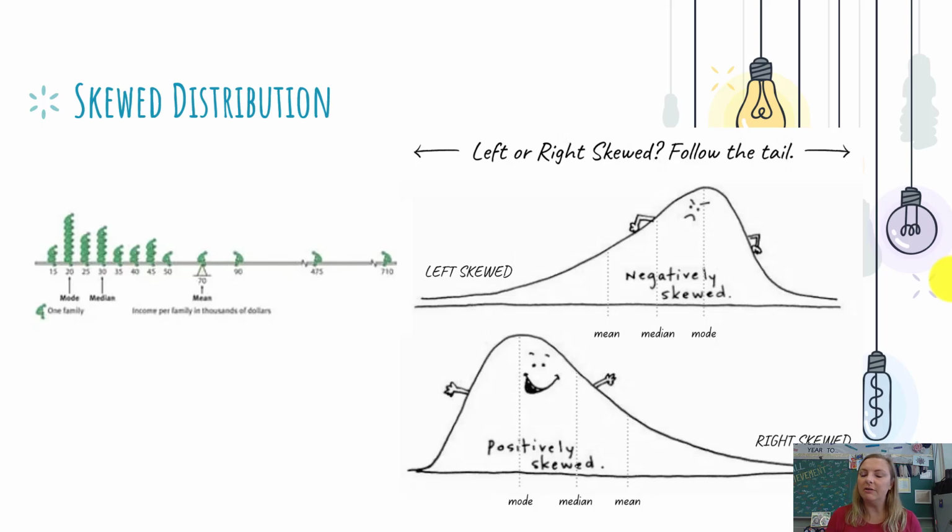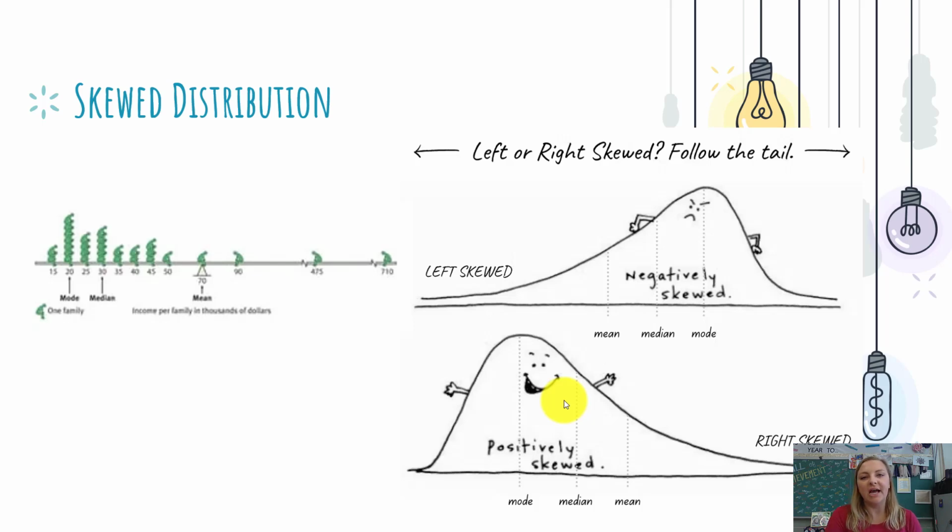The vast majority of people in the class are going to get around that 70 to 80% mark. But because we have people who are extreme on the 100% side and extreme on the 0% side, we're going to have what we call skewed distribution. And skewed distribution just means that our mean, our median, and our mode are not all the same.